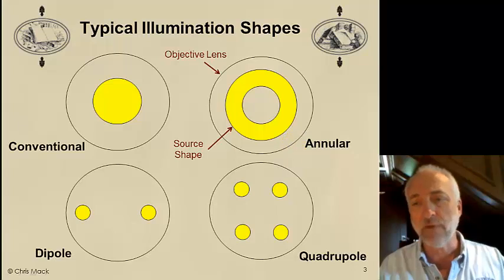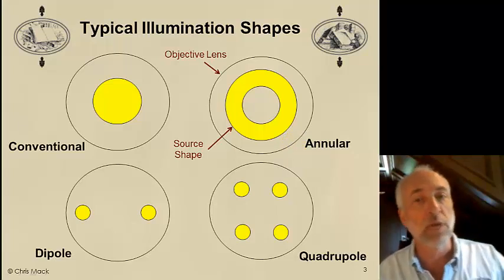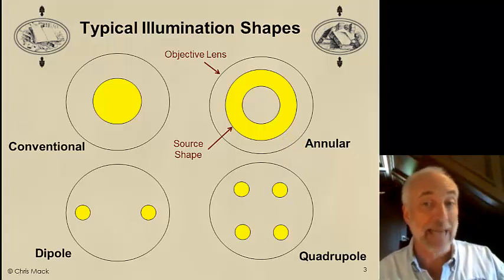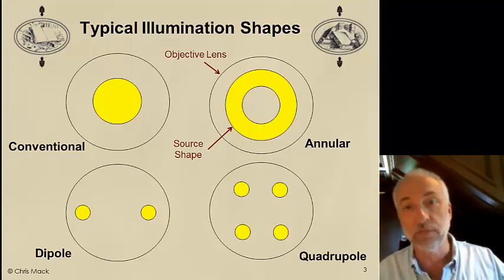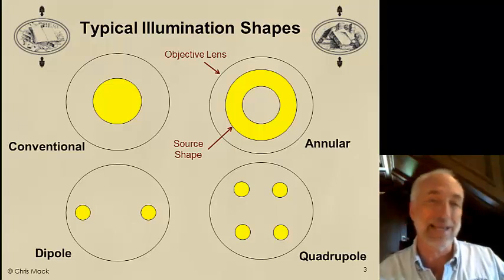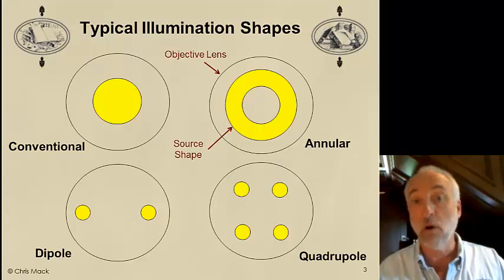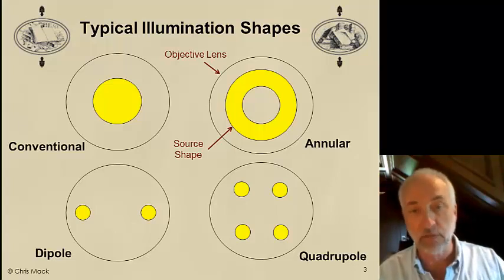But we also have other shapes which you might notice do not have any on-axis components, that is, light going through the center of the lens. Without the on-axis component to our light, we call these illumination shapes off-axis illumination.